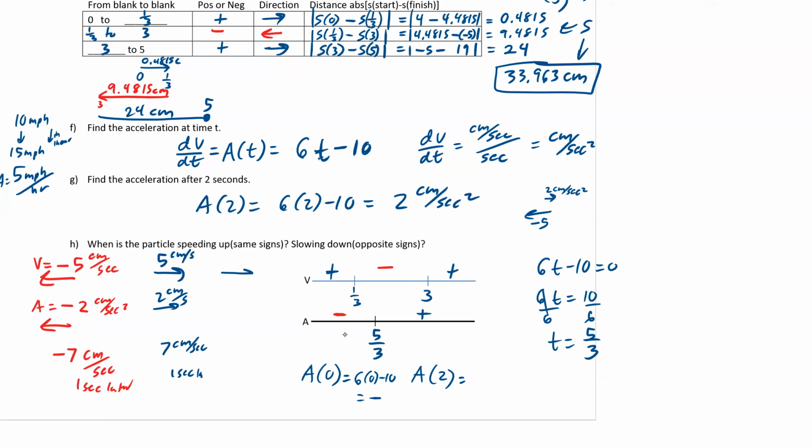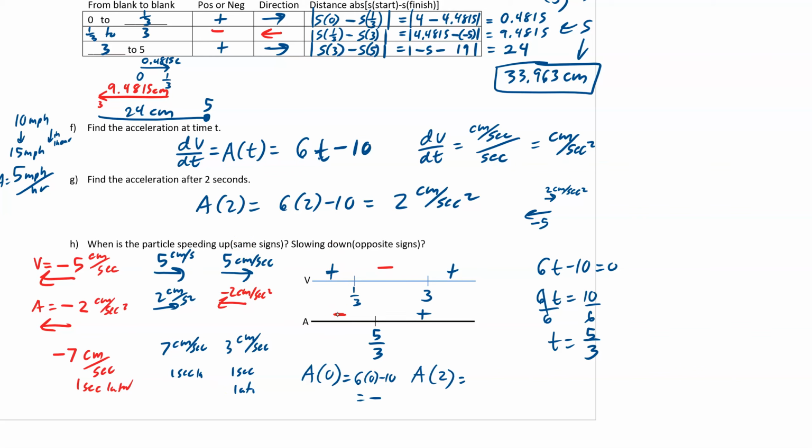But if one is doing positive and the other is negative, then when you add them together, you end up with 3 centimeters per second one second later. So what that means is that it slowed down. So if the signs are opposite, that's deceleration.